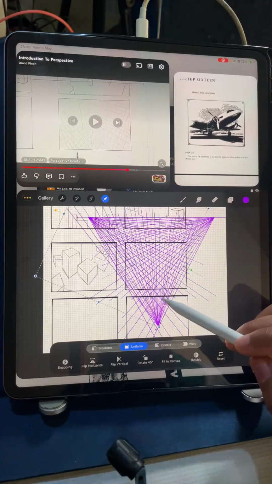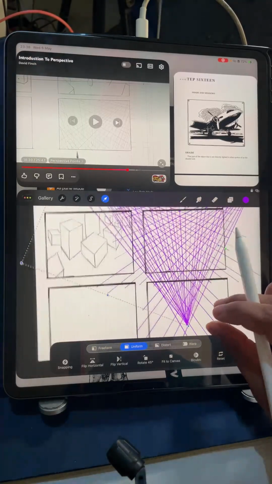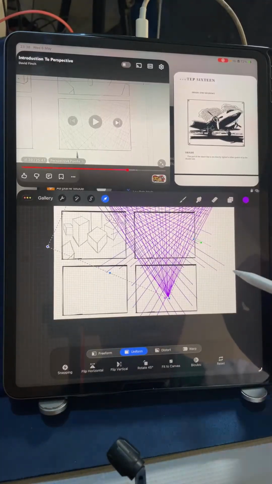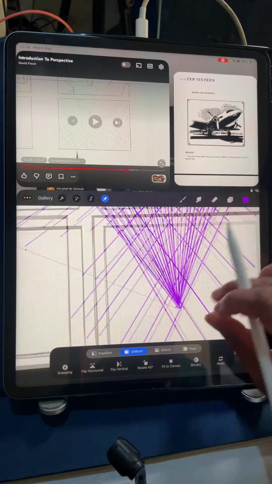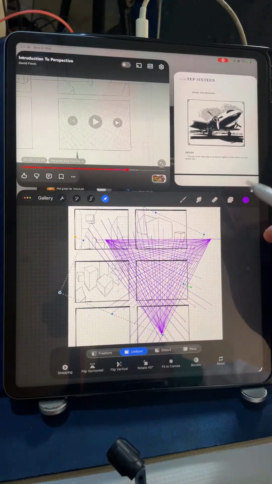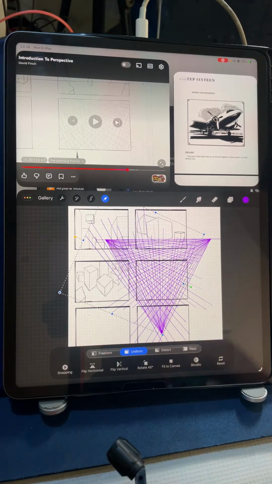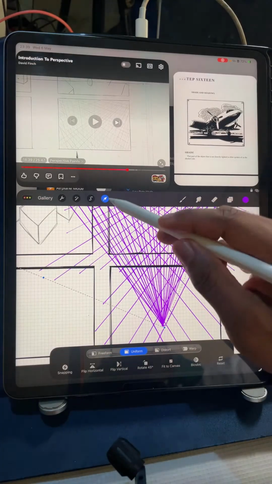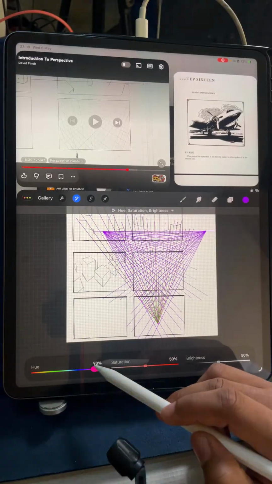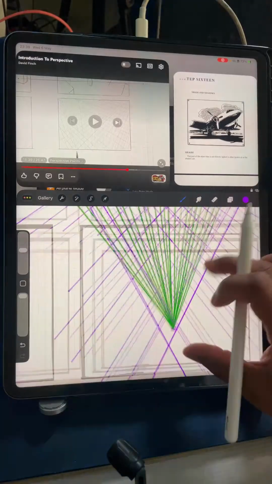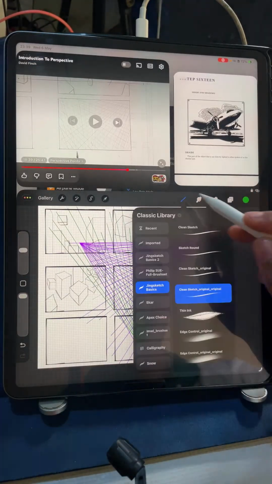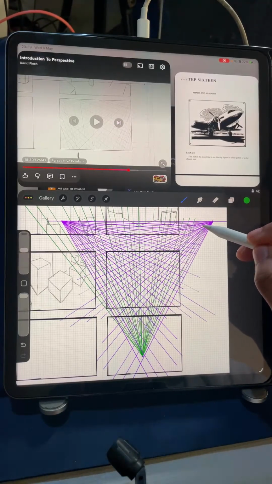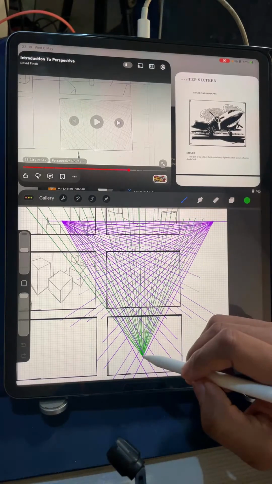Yo, this is crazy. I just ended up confusing myself. I don't think I got this right. What I could do is expand it. Let me change the color so that I don't get confused. Yep, I'll change it to green. I don't know, man, I don't think I'm doing this well.